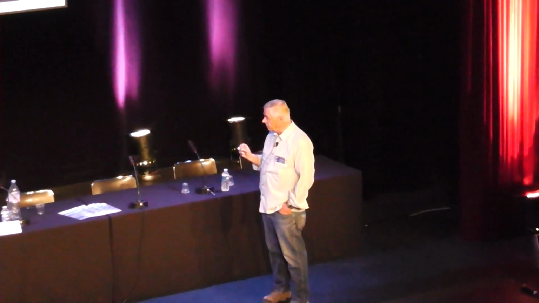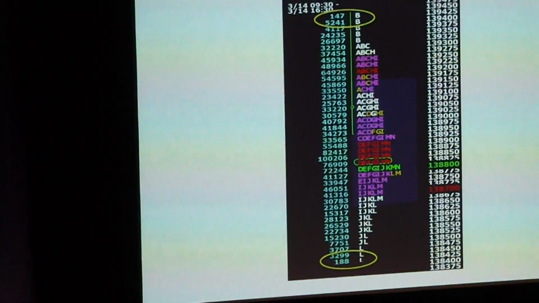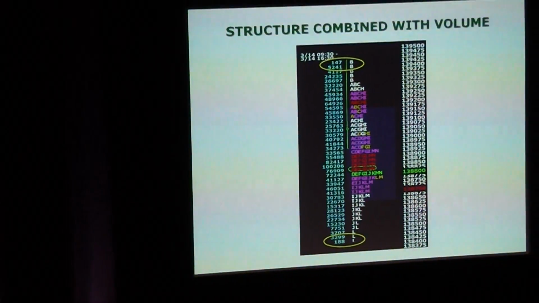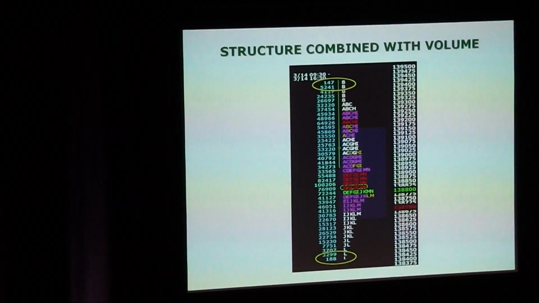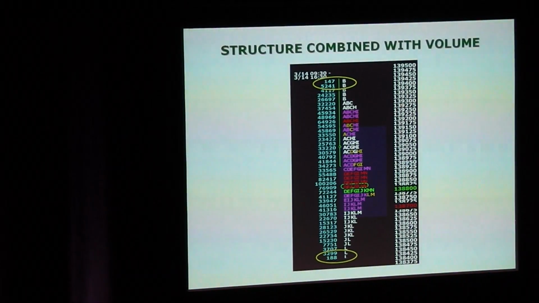Now, what I want to do, what's our next slide? Structure. All right, now this slide shows me the structure, but it also allows me to see the volume that actually took place at each price.